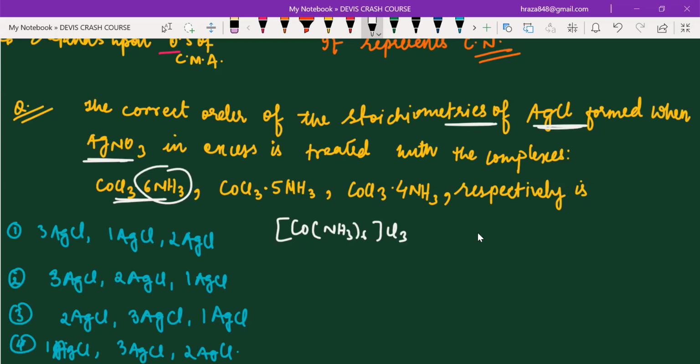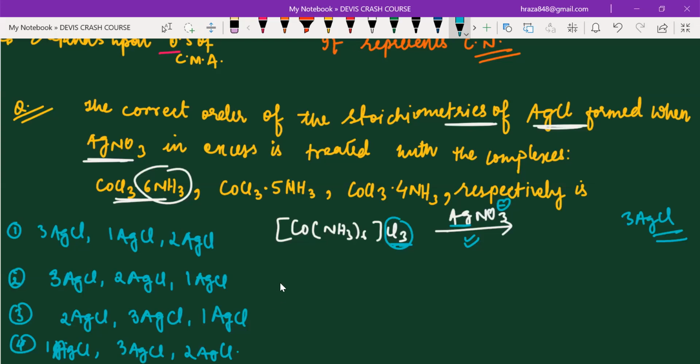Now, if you react this with AgNO3, which is in excess, Ag and Cl can form a precipitate. NO3 has a negative sign, so all 3 Cl will go with Ag and form 3 AgCl. It can easily form, and NO3 can satisfy the counter ion's charge.